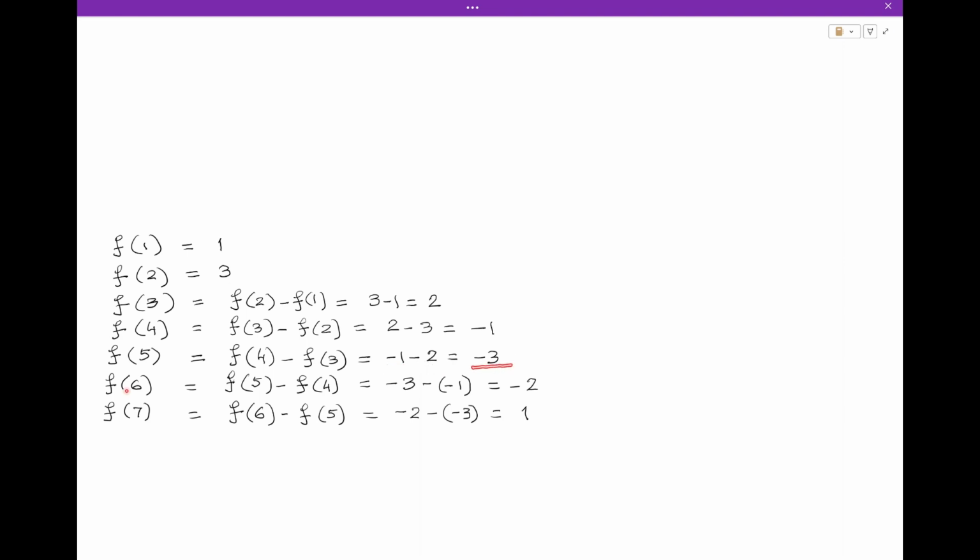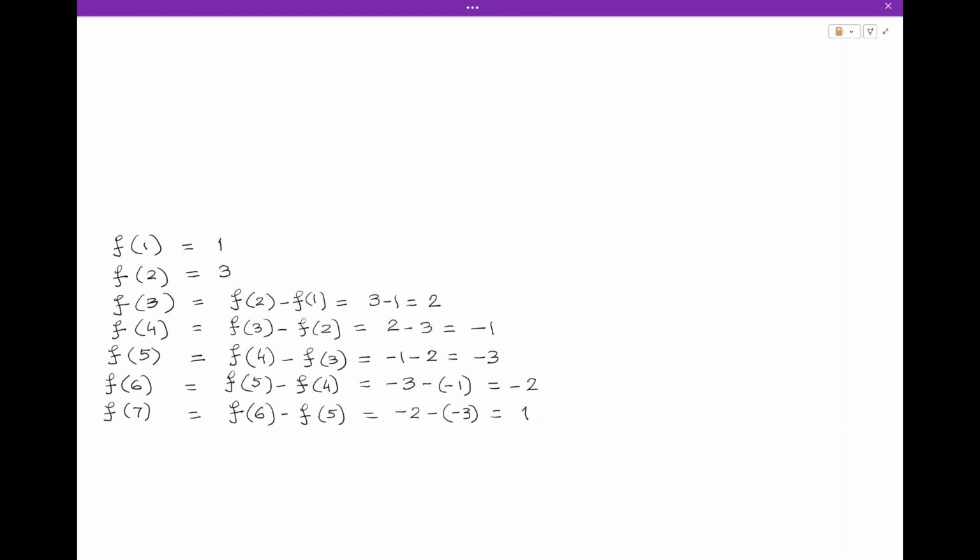f(6) is equal to f(5) minus f(4), which is equal to minus 3 minus of minus 1, that is equal to minus 3 plus 1, which is equal to minus 2. f(7) is equal to f(6) minus f(5), that is minus 2 minus of minus 3, that is equal to minus 2 plus 3, and that is equal to 1.